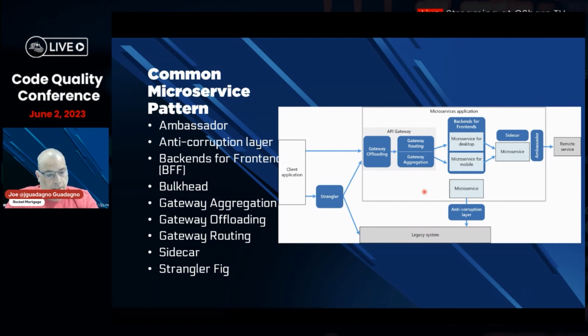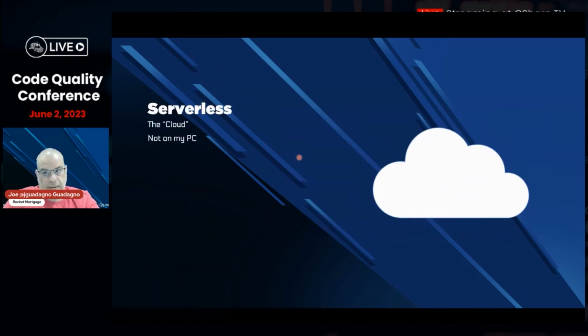As we talked about, I'm modernizing my app, moving from legacy systems over to a new client server or cloud-based one, which leads us to our next pattern called serverless.